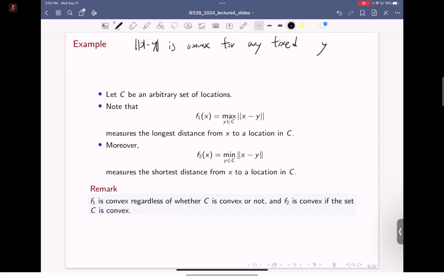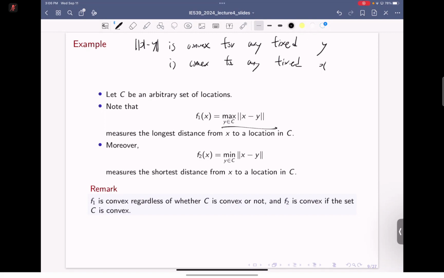Now if you look at this function, this is basically the maximum of some convex functions. This is always convex. And the second example, well, the first is a maximum so this is quite clear. But even the minimum gives you a convex function. That's not straightforward. But the reason is that we know this is also convex for any fixed x.